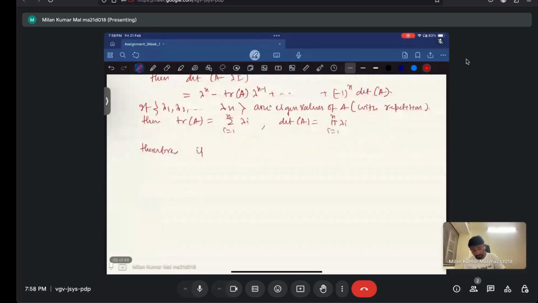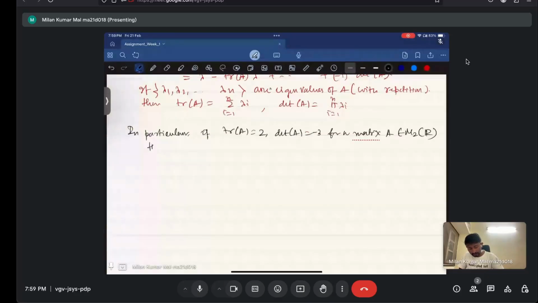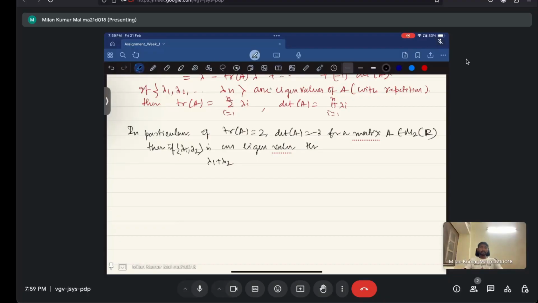In particular, if the trace of A is equal to 2 and the determinant of A is equal to -3 for a real matrix A of order 2 by 2 over the field of real numbers, then let lambda 1, lambda 2 be the eigenvalues. The characteristic polynomial of an n by n matrix is of degree n, so the maximum possible number of distinct eigenvalues of an n by n matrix is n.